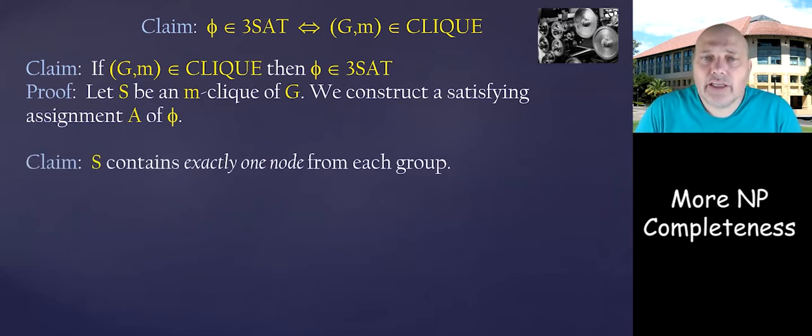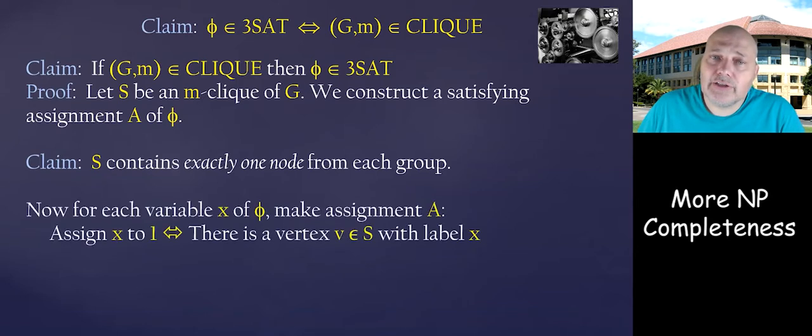So S contains exactly one node from each group. This is because of what we argued before: there are no edges within a group. And we want to say that there is an assignment that is going to satisfy all the literals that correspond to vertices in S.